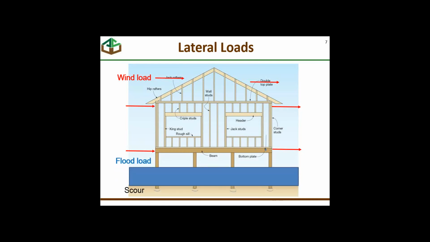So these winds and flood will typically operate or influence two entirely different parts of the building. While the wind load can occur below where the floor system is, it typically cannot occur in the same place that flood loads occur.